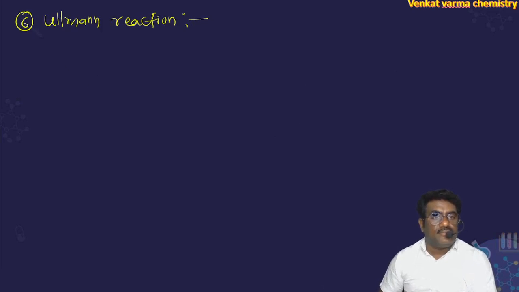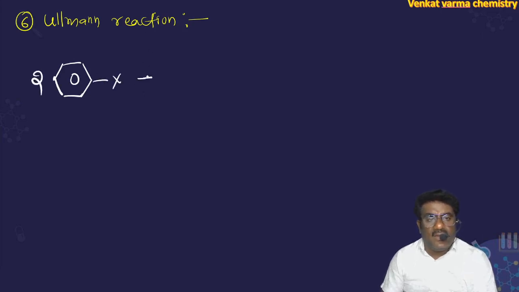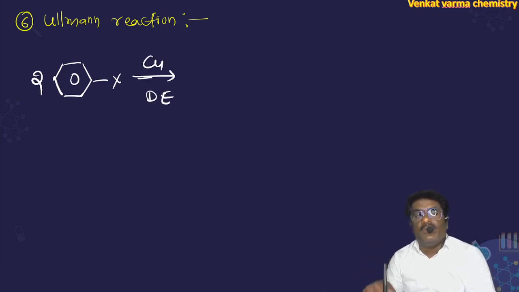Have a look at the next question. Ullmann reaction. What is the Ullmann reaction? Same aryl halide, so 2 moles of aryl halide in the presence of copper in dry ether. In the previous one we used sodium in dry ether, and that is the Fittig reaction.